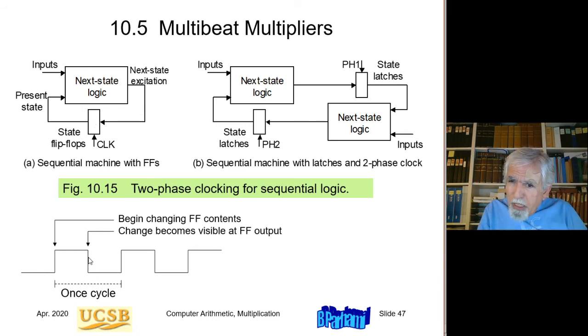And then the change should be complete by this point, because at that point the new state will become observable at the output. The negative edge of the clock triggers the change in the output. So basically the circuit is not doing anything useful in this low part of the clock.